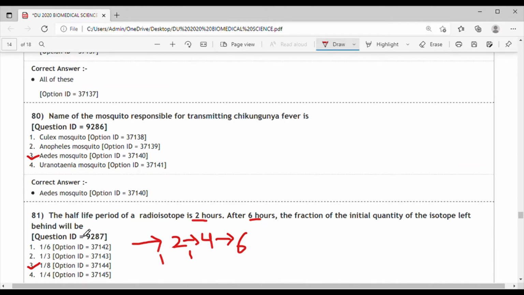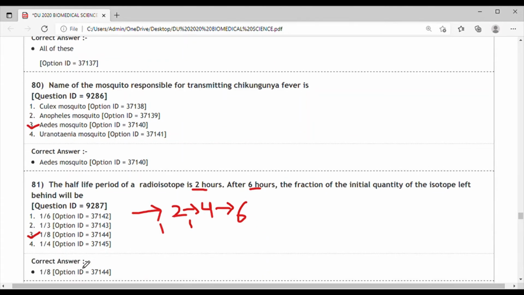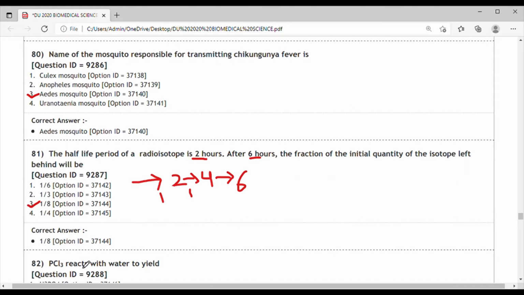The half-life period of the radioisotopes is 2 hours, and after 6 hours, the fraction of the initial quantity of the isotopes left behind will be 1 by 8. After 6 hours, we get the 1 by 2 into 1 by 2 into 1 by 2, that is 1 by 8. So the correct answer is the 1 by 8. Option 3 is the correct answer.